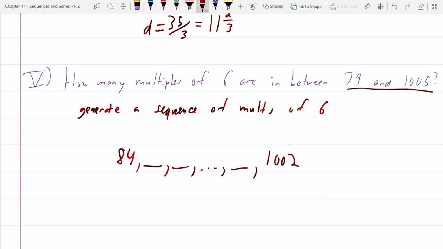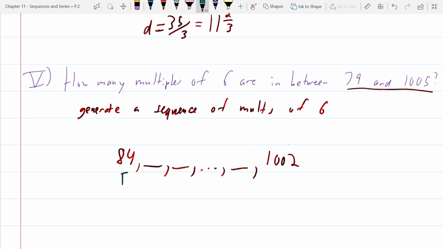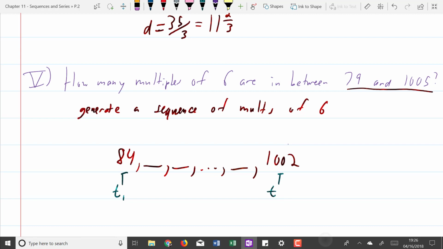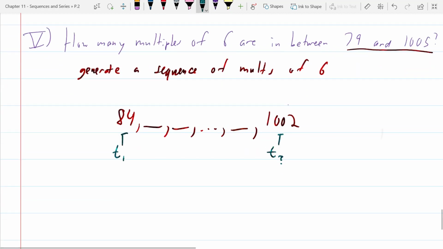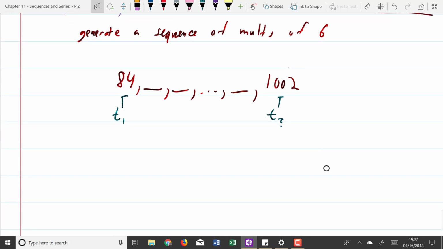So this is the sequence that I'm generating, and I'm now just changing what the question is that I'm actually asking. I'm saying 84 is t of 1, and 1002 is t of what?